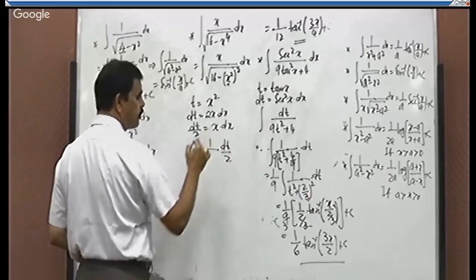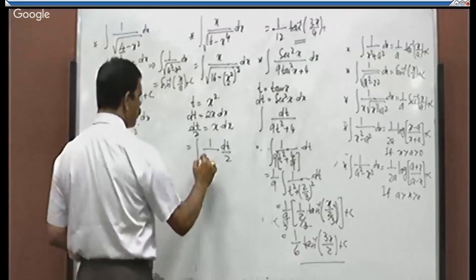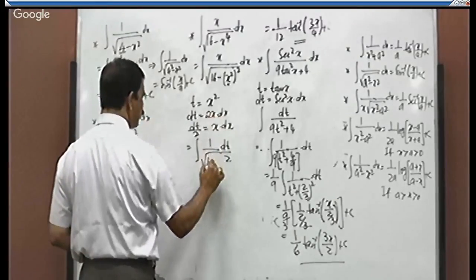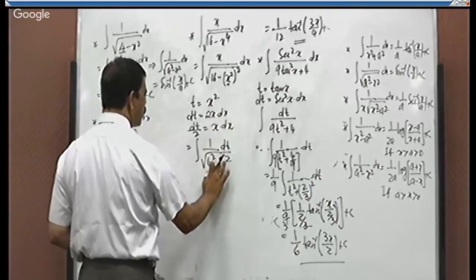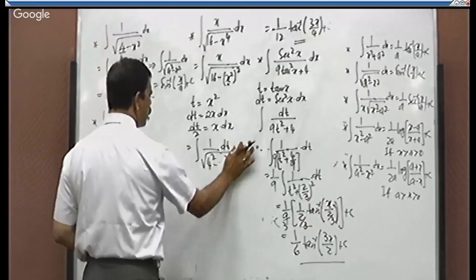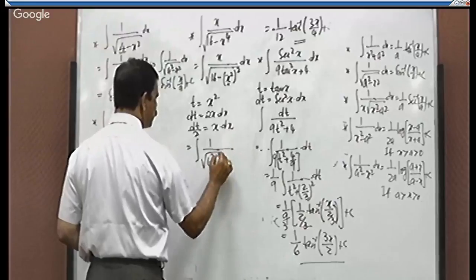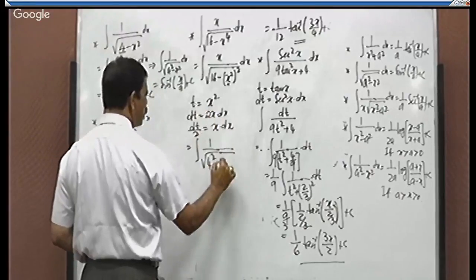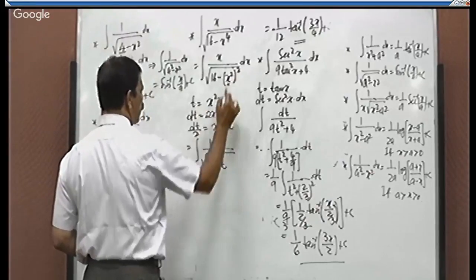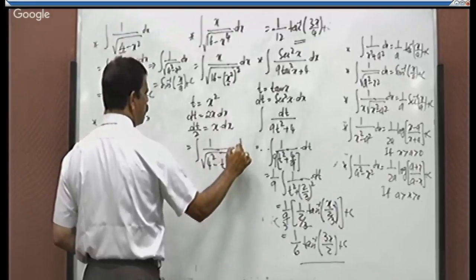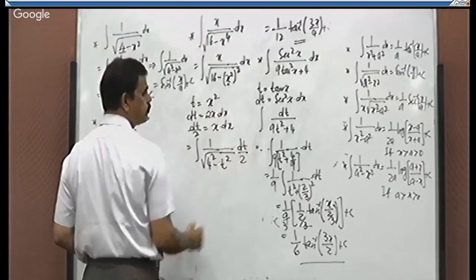Then the numerator is having only 1. Root of 16 can be taken as 4 square minus x square, and x square is t, so it is t square into dt divided by 2.